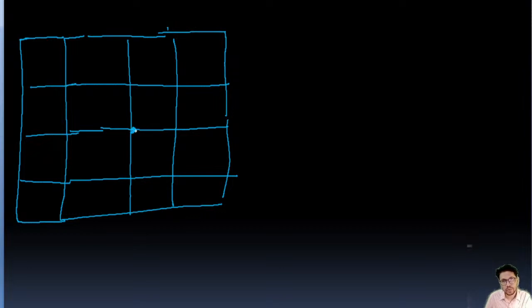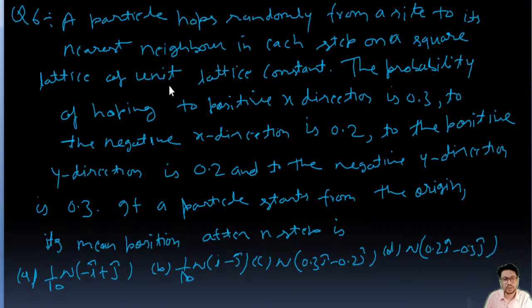It can go in the x direction, minus x direction, y direction, minus y direction. In each step, it will go to the nearest site, either here or here, and this length is unity, 1. That is what is given. We need to find out the mean position after n steps.